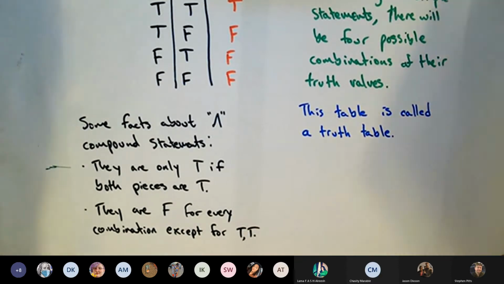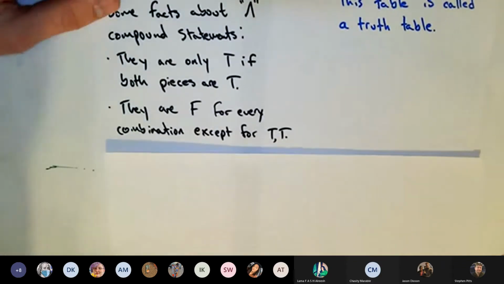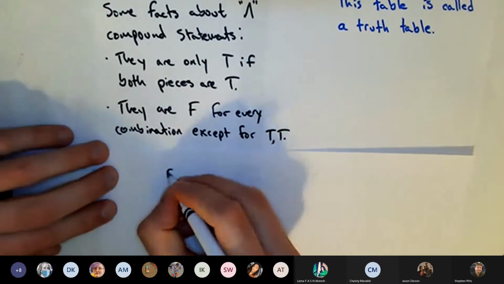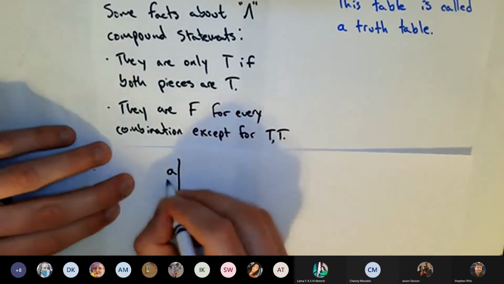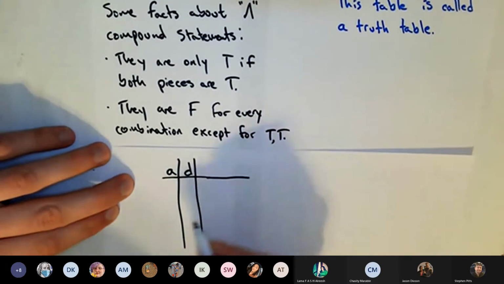Let's go to or now. I'll leave that there for a moment. Let's make a new table. I'll keep using the letters A and D, but again, it doesn't matter what they are.